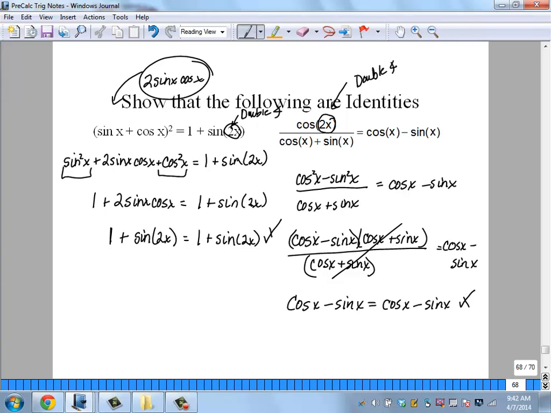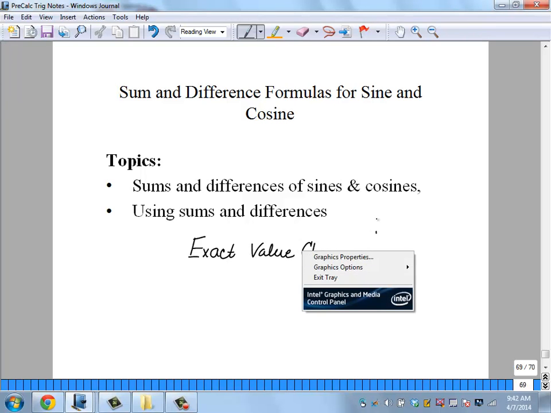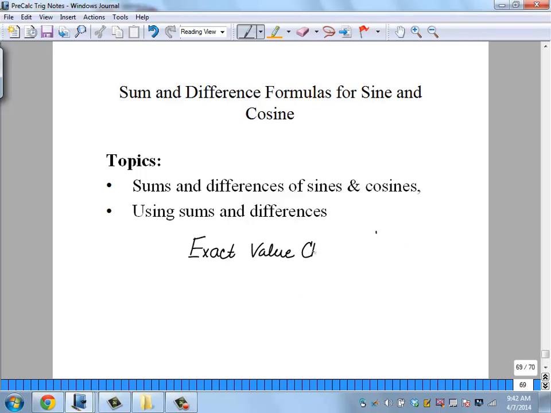All right, so let's look at the sum and difference of sine and cosine formulas. So basically what you're doing here is if they say find the exact value and it's not on the chart or the table we had mentioned, and when I did exact value chart, we did the first quadrant, and we did all your quadrantal angles.